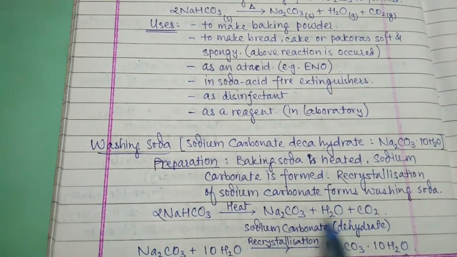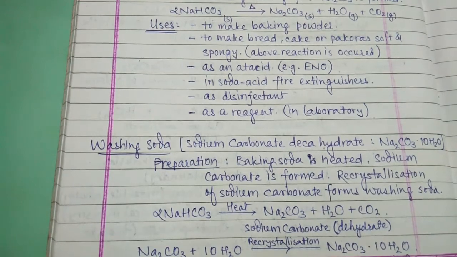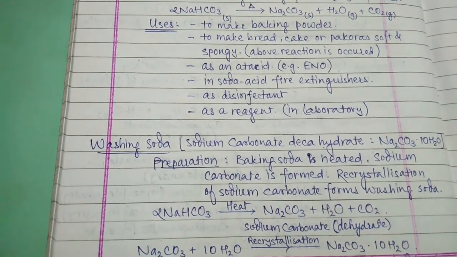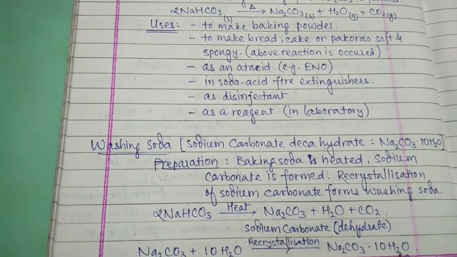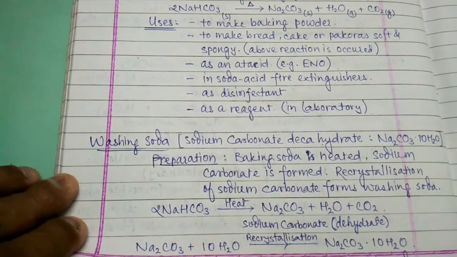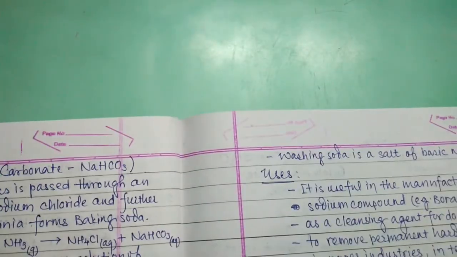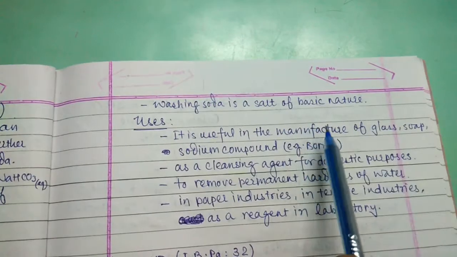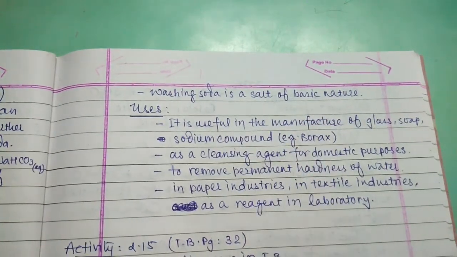So water is absent in Na2CO3, but if we recrystallize this sodium carbonate, we get washing soda Na2CO3 10H2O, sodium carbonate decahydrate. The washing soda is a salt of basic nature. The washing soda is a basic salt.